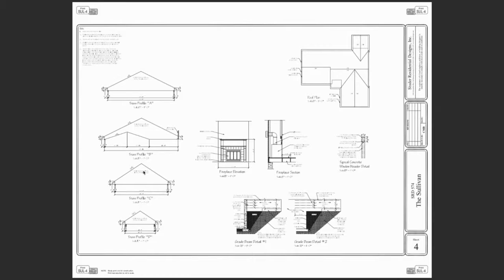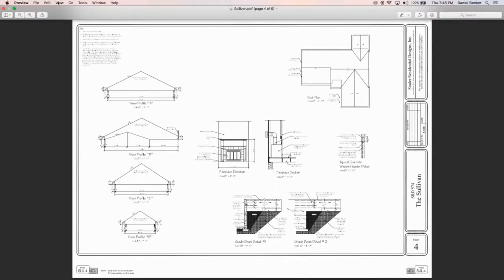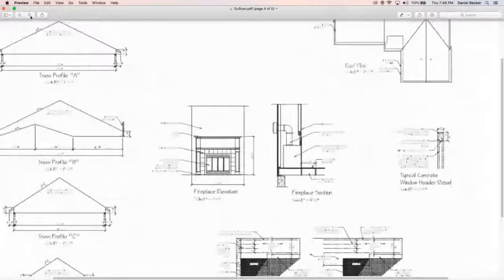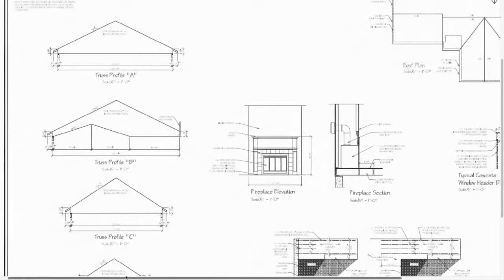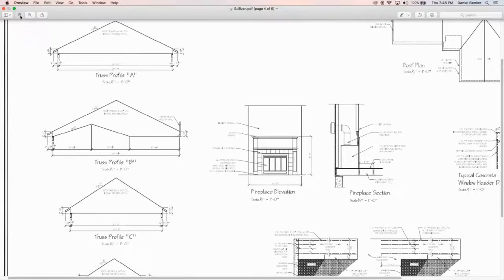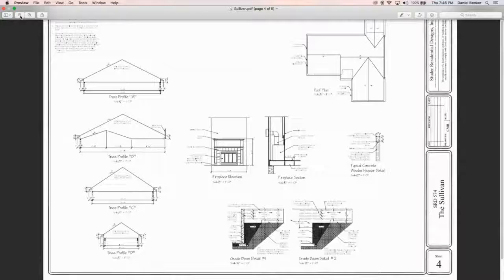I'm guessing this truss profiles has to do with the framing of the roof. I'm just curious where the ABC comes from. Let's go back and see if we can figure that out.